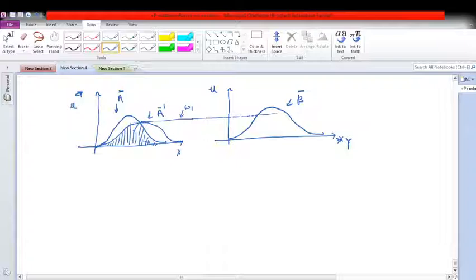So this b bar has been clipped by this w1. See, this has been clipped. So what will be your resultant output? The resultant output will be b bar dash, and this is what I have to obtain. This way you can evaluate a single rule with a single antecedent using Mamdani.